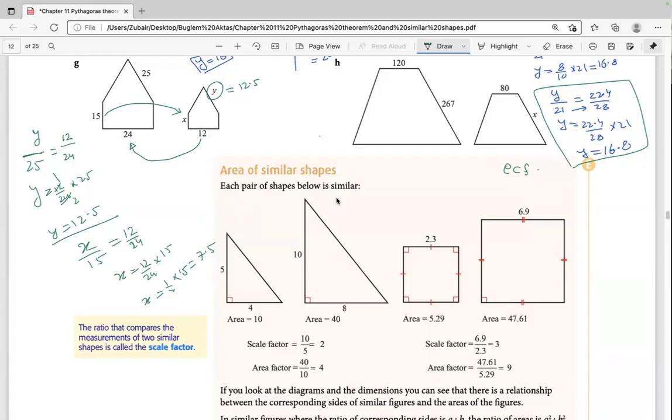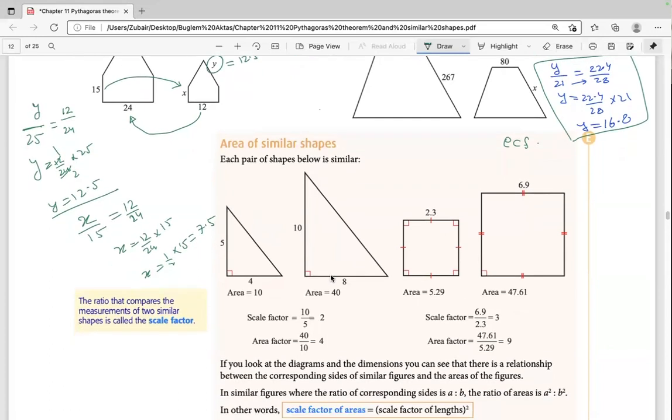So it is being shortlisted where it falls. Now, even if it is not given, I do have all the sides, 5 and 4. So I can say 1 by 2 base into height. 5 fours are 20, 20 by 2 is 10. On the other side, 10 into 8 is 80, 80 by 2 is 40, right? 1 by 2 base into height. So we do have all the sides. So what is this for that they are similar?